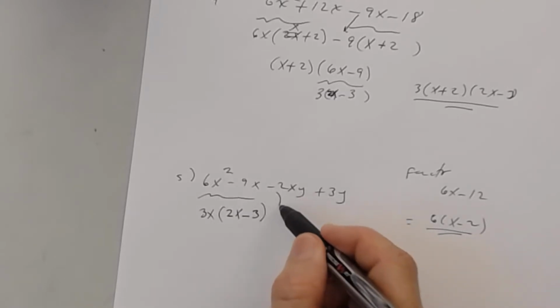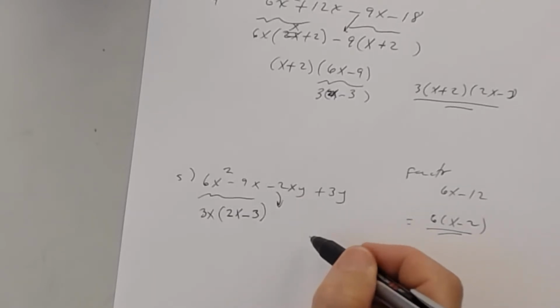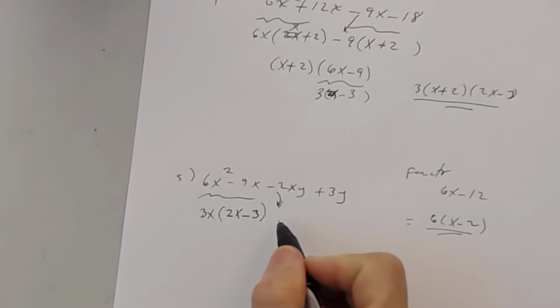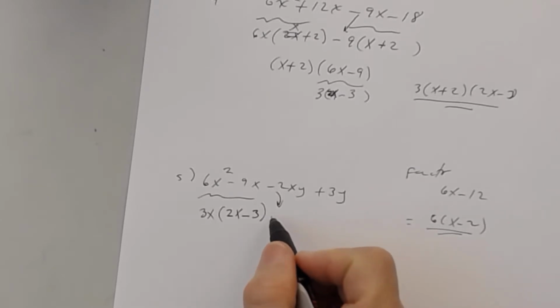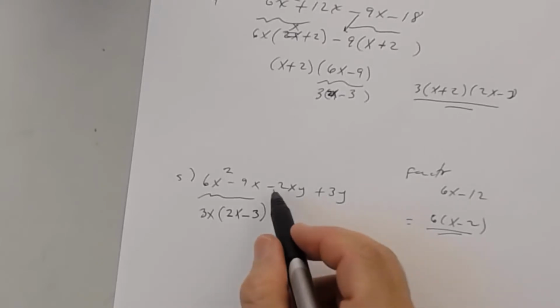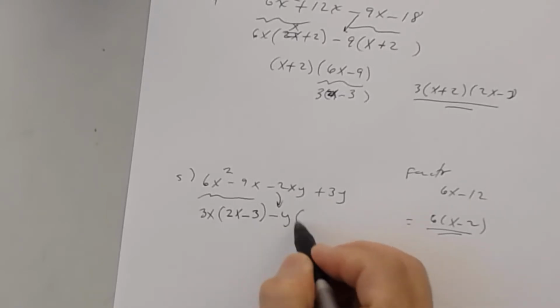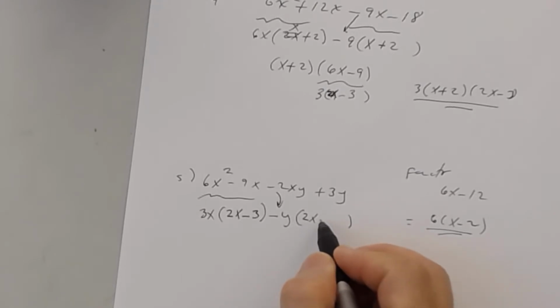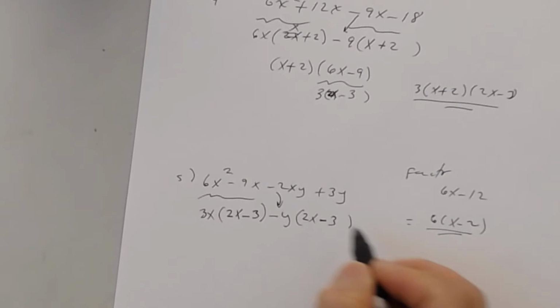From the second group, what can you factor out? Negative y. Take out the middle sign. What are you left with? 2x minus 3.